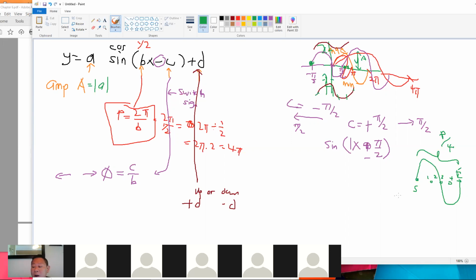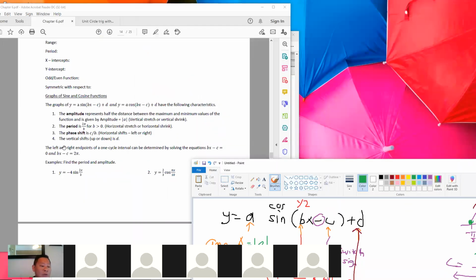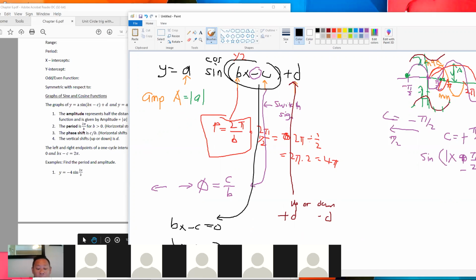So how do we figure out where we start and where we end? You use this formula to figure out where you start and end your one cycle. You solve bx minus c equals 0 and bx minus c equals 2 pi. So you take this and make it equal to 0 and solve for x, and you also make that equal to 2 pi.